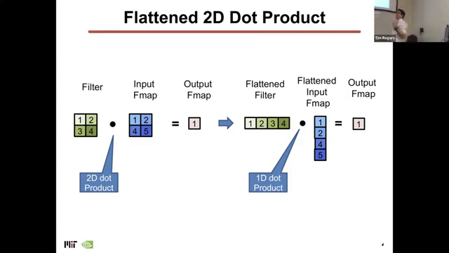Now, if you want to turn this into traditional vector math, we can just flatten them. If I flatten my two-dimensional filter, that's what's happening over here. I have taken the 1, 2, 3, 4, and instead of logically having it in different rows, I've put it all together in one vector. That's what we call flattening. And then we've done the same thing with the flattening of the input FMAP. We had 1, 2, 4, 5, and I splayed them out this way.